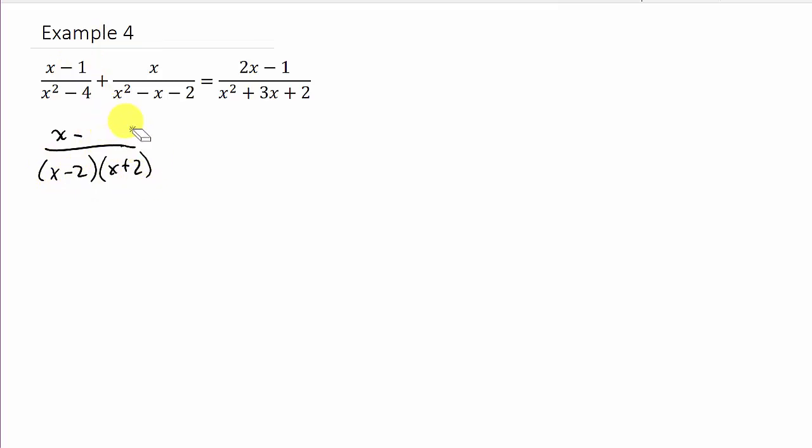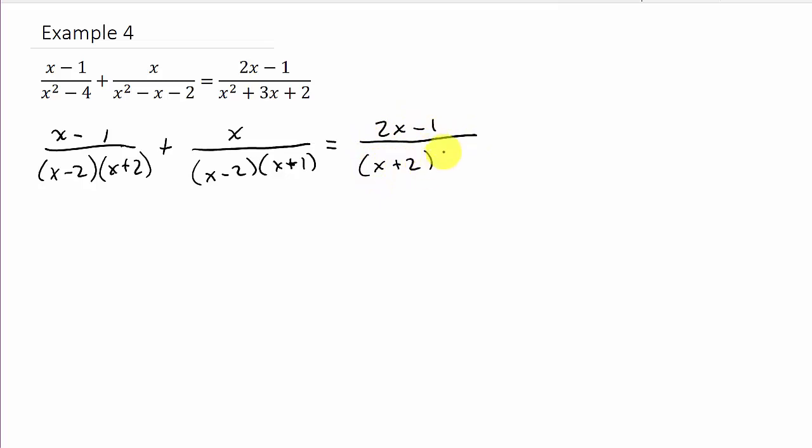Let me draw that 1 a little bit better. Plus x over x minus 2 times x plus 1, and that is equal to 2x minus 1 over x plus 2 times x plus 1.